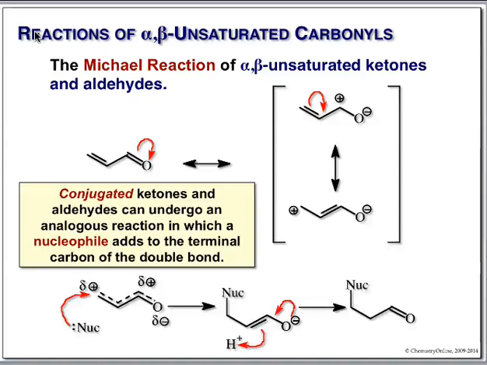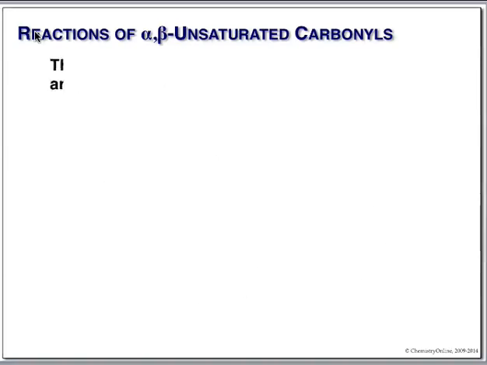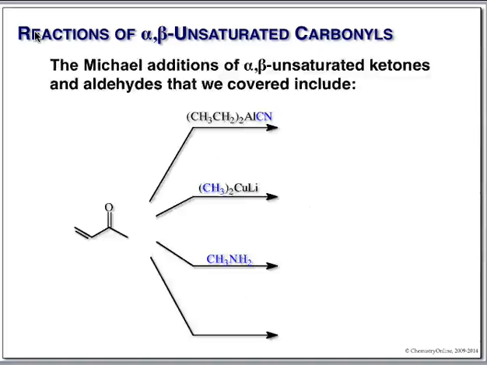Now back in chapter 19, we looked at a few reactions. Let's just see if we remember them. Cyanide, or perhaps best, diethyl aluminum cyanide, undergoes Michael reaction with alpha-beta unsaturated carbonyls to give what? The cyanide simply adds to the beta carbon to give the nitrile.